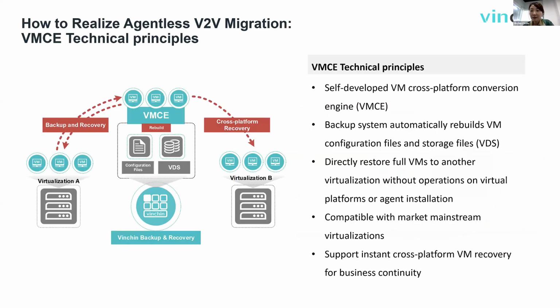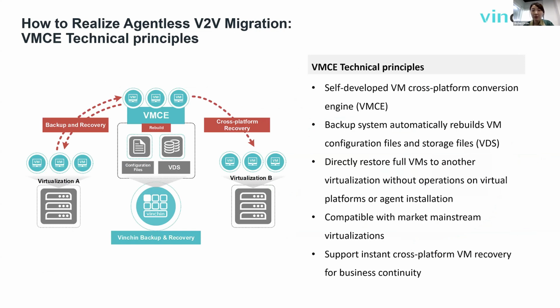And next, let me briefly explain how Vinchin realizes the true agentless V2V migration. The core technology we use is called VMCE, the Virtual Machine Cross-Platform Conversion Engine. It is researched and developed by Vinchin.